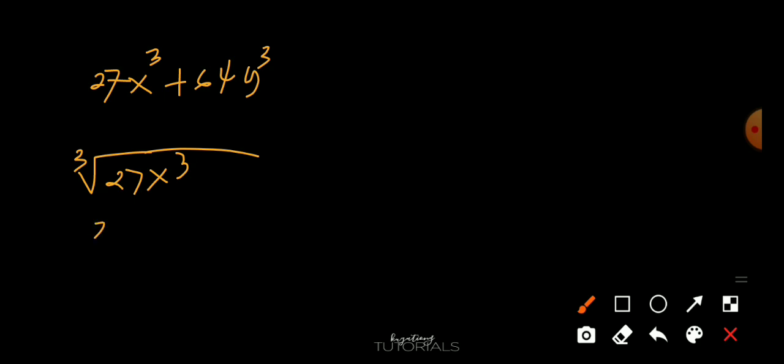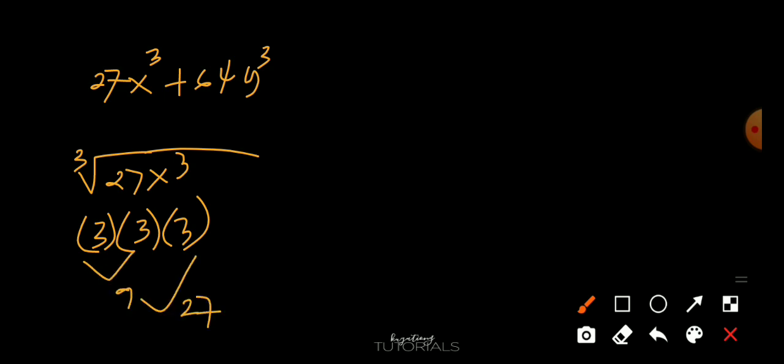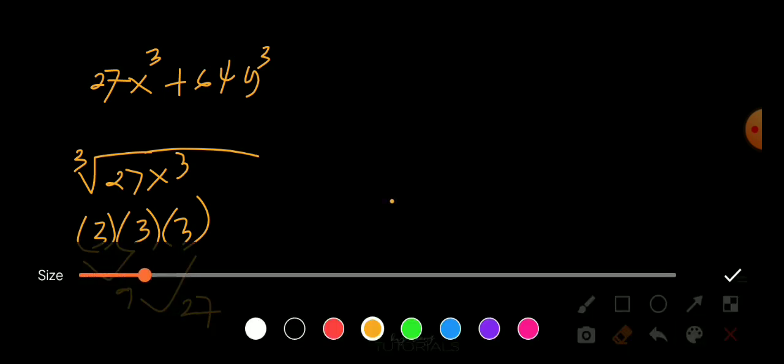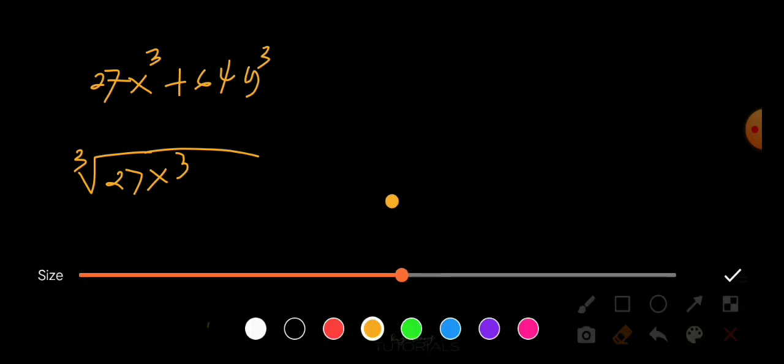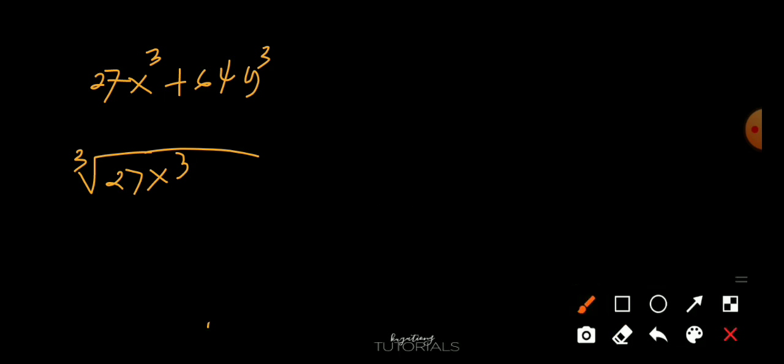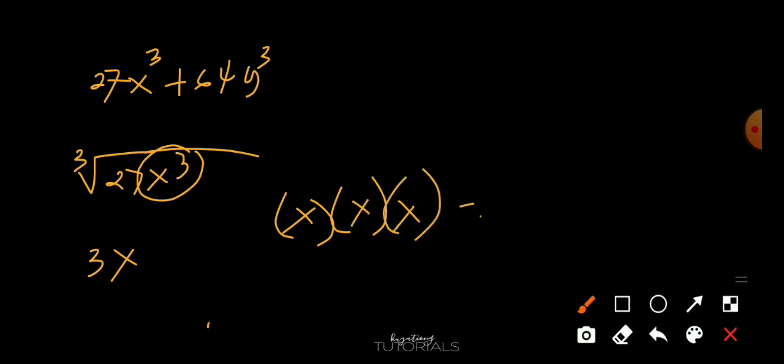So, ang 3, kung atong i-multiply sa kaugalingon og katulo, 9, 27, di ba? So, ang atong cube root of 27 is 3. Okay. So, 3. Ang cube root po sa x cube is x, di ba? Kay x times x times x, that is x cube, di ba? So, of course, mo nang 3x ang atong answer.